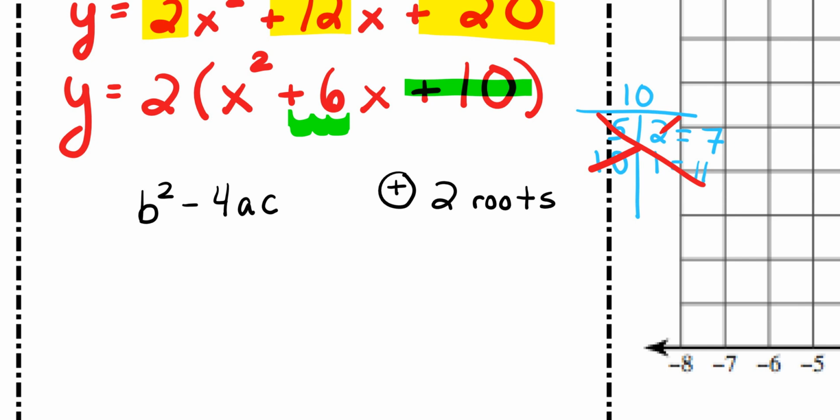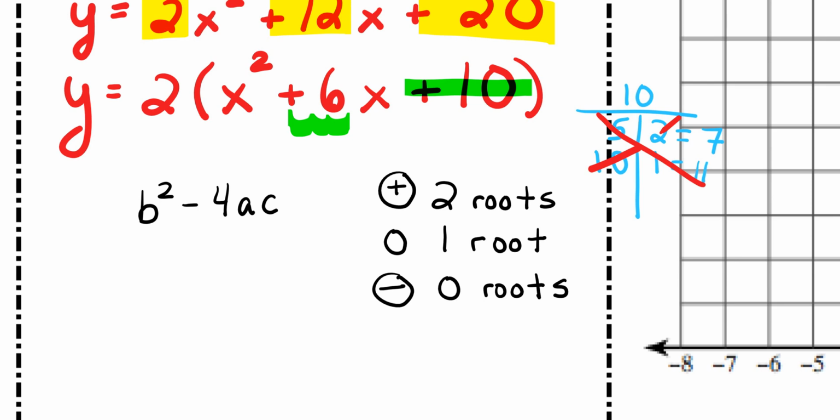If b squared minus 4ac ends up being 0, that means it's going to have 1 root, touching the x-axis at 1 point. And if we have a negative, we're going to have 0 roots, meaning your parabola is either above or below the x-axis, but never intersects it.